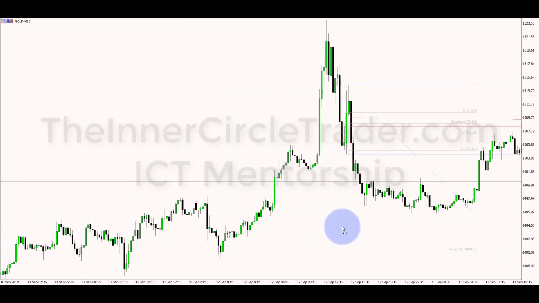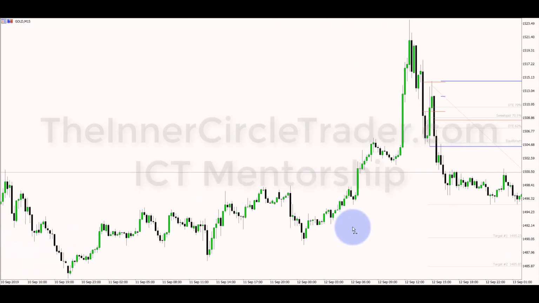In other words, what I'm saying is in here, when price was hanging down here, we know that this candle's high, I'm sorry, this candle's low, and this candle's high here, there is a gap. We split that in half, that's this level right here, and it's 1508.